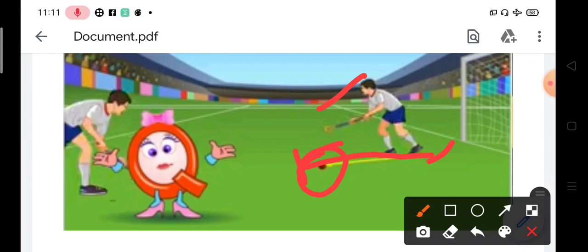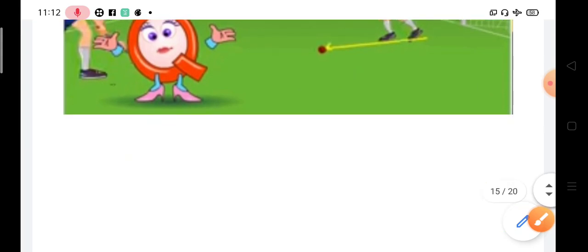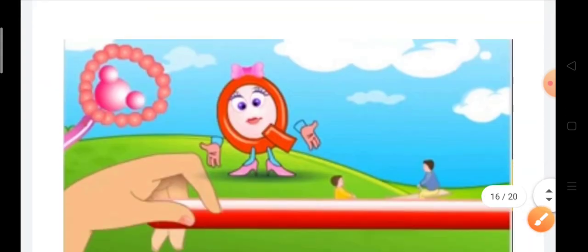That means the direction of the ball changes. So the force applied by this boy on the ball has changed the direction of the ball. So we say that force changes the direction of the object. Now this was just through the pictures. Now we'll go for the description one by one.